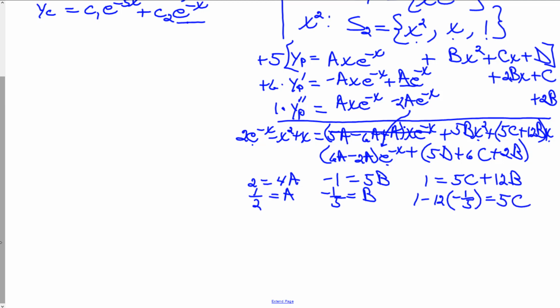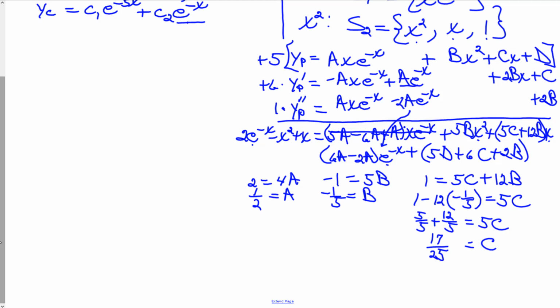This is 1 plus 12/5, 5/5 plus 12/5. It's pretty easy arithmetic. And so that's going to give you 17/5, but then when you divide by 5, or multiply by the reciprocal of 5, you get c equals 17/25.